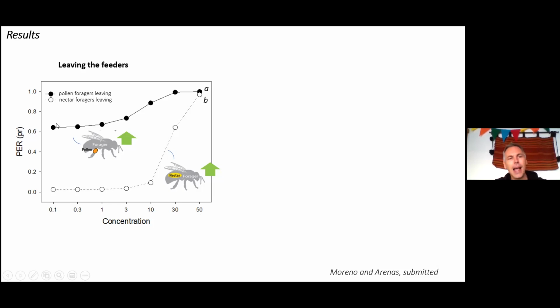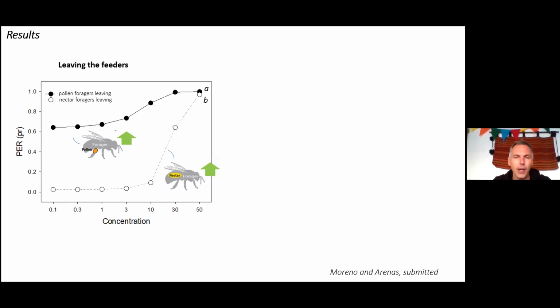And as I already showed you consistently with the results from China, there were significant, very important differences between pollen and nectar foragers. Consistently with previous results, pollen foragers were much more responsive than nectar foragers.